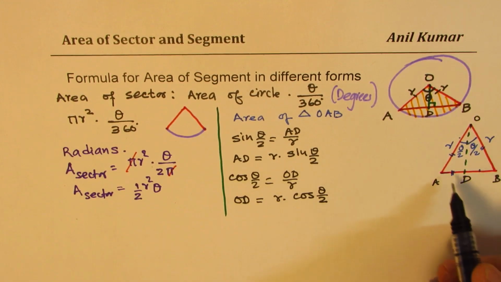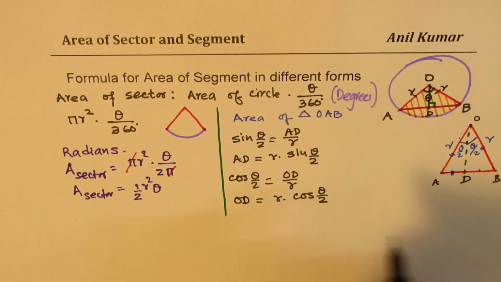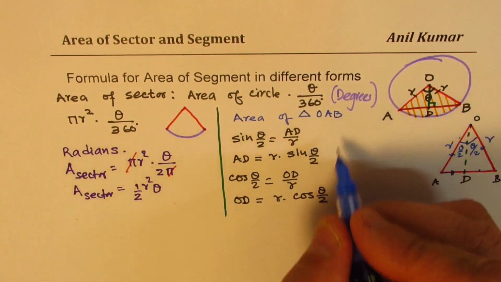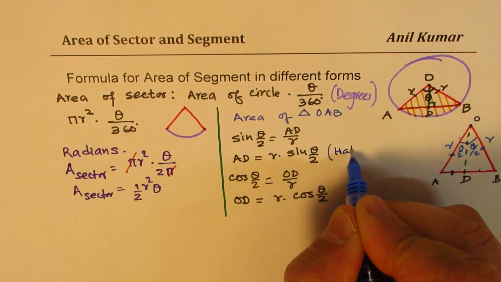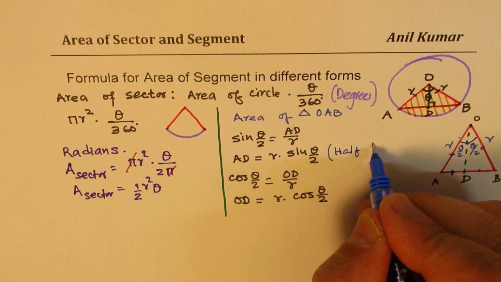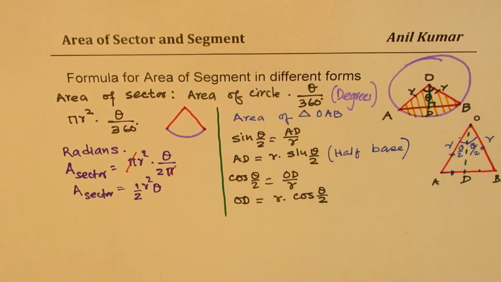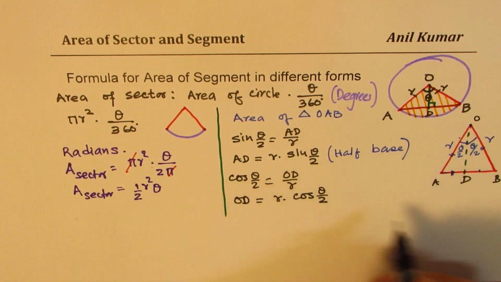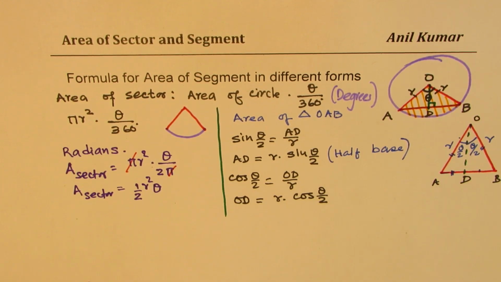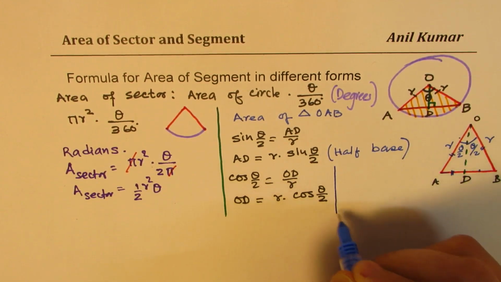Correct? Now AD is half the base. Correct? So AD is also half the base. Do you see that part? Anyway, so what is base equal to? So from here we can say, let me write here.